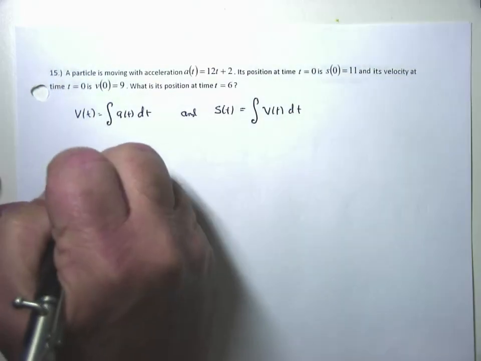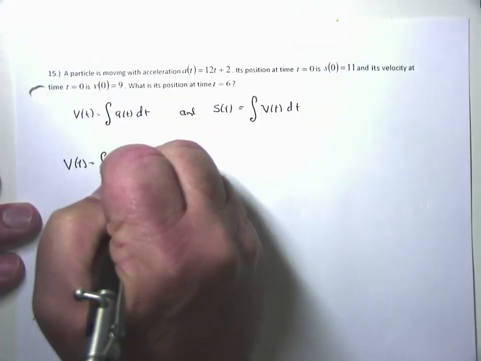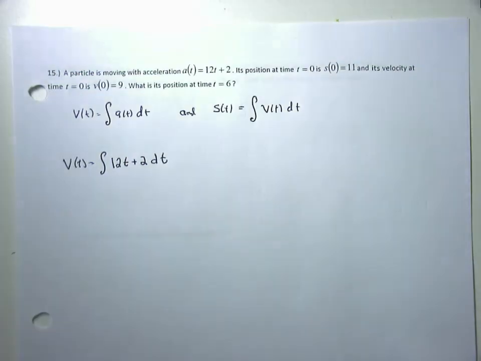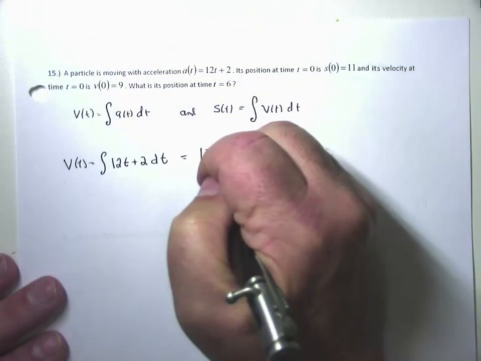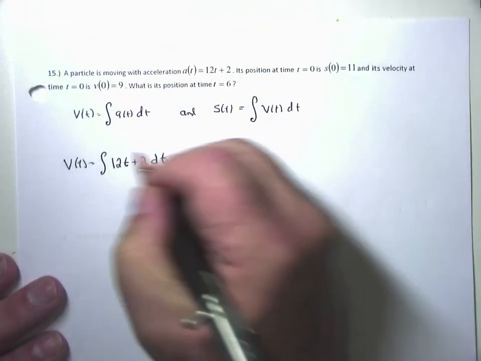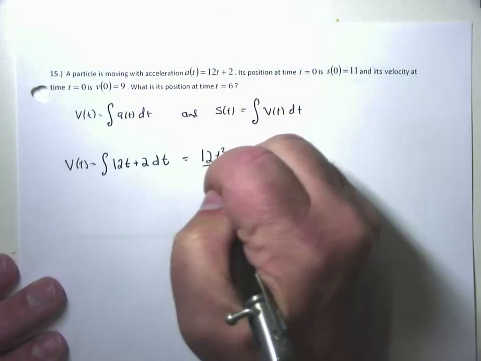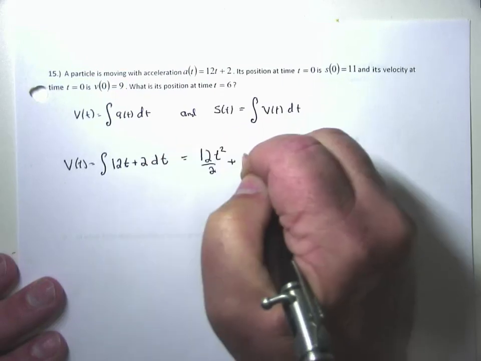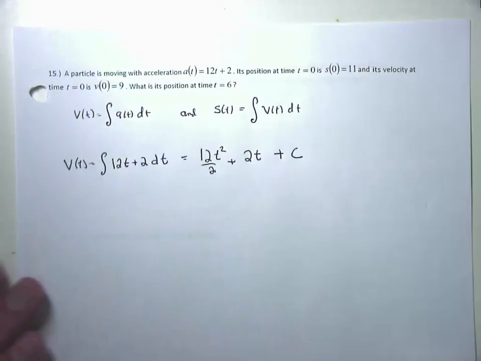To get the velocity function, I'm going to integrate the acceleration, which was given to me: 12t plus 2 dt, because t, time, is the variable. Well, 12 is a constant. Leave it alone. The integral of t to the first power with respect to t, add 1 over add 1, gives you t squared over 2. Plus the integral of 2 with respect to t would be 2t and 1 big plus c.